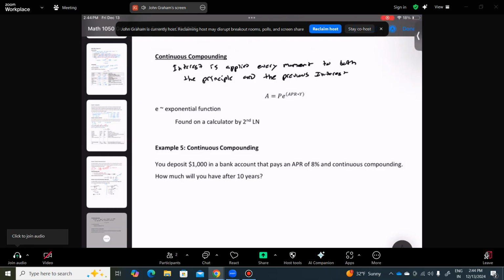It's actually the highest value you're going to get, and it's kind of the limit of what you can make on an account.